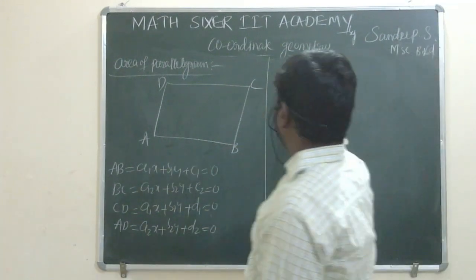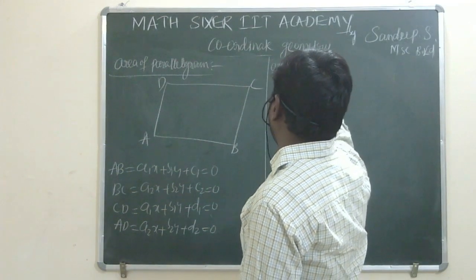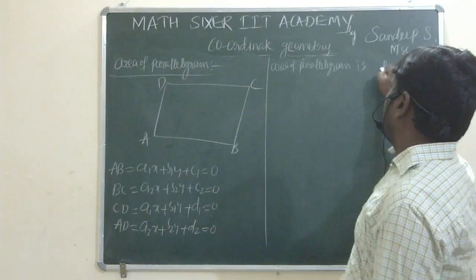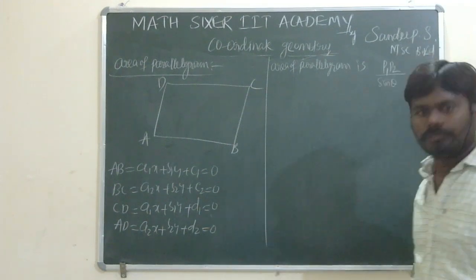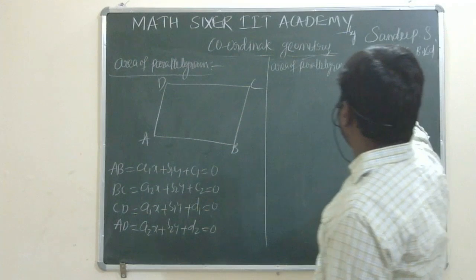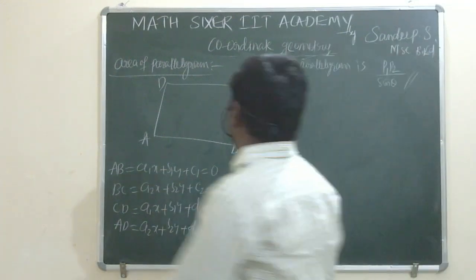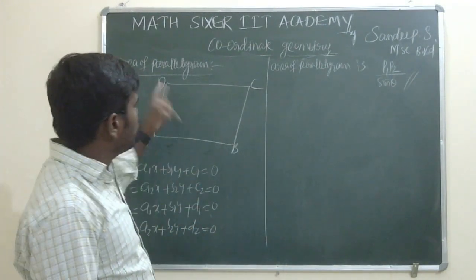The area of the parallelogram is P1 P2 divided by sin theta. Here we will see what P1 P2 is and what theta is. P1 and P2 are the perpendicular distances between the opposite sides.